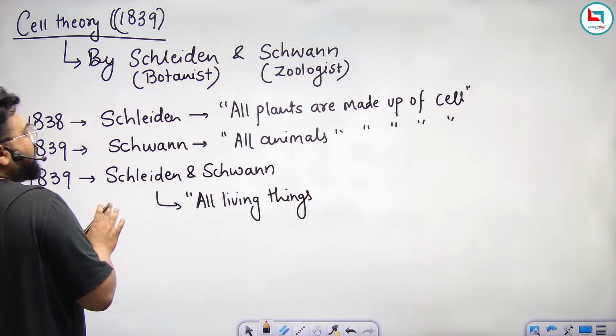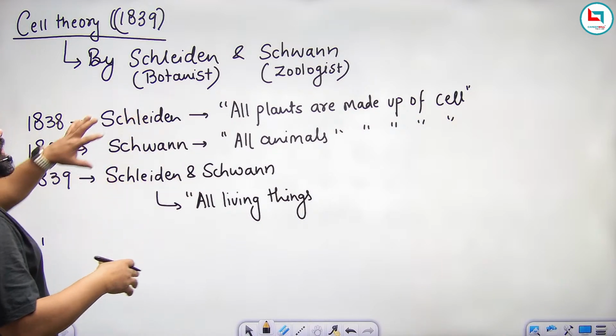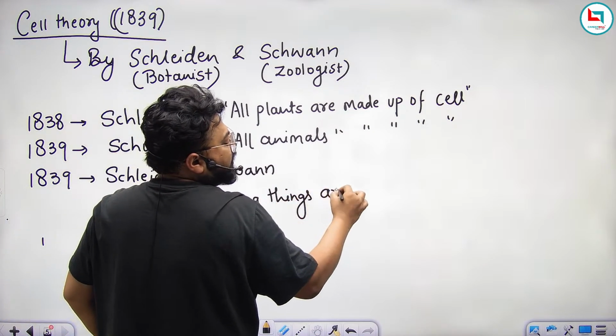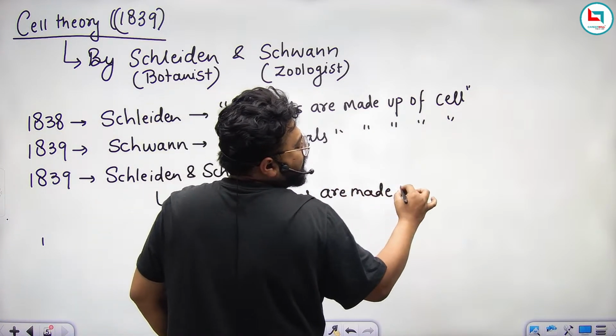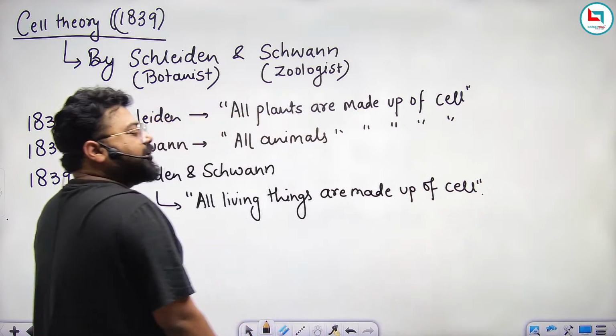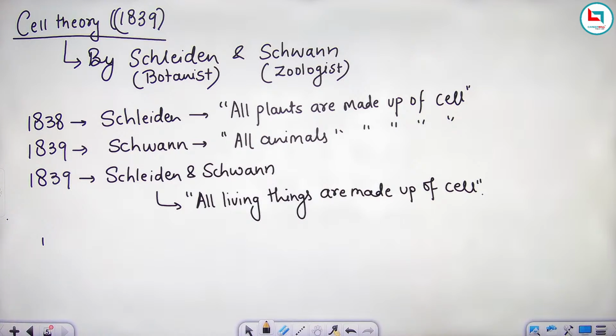So in 1839 they modified these two statements into one statement, and they said all living things are made up of cells, and this statement is said to be the cell theory. Is that clear to everyone?